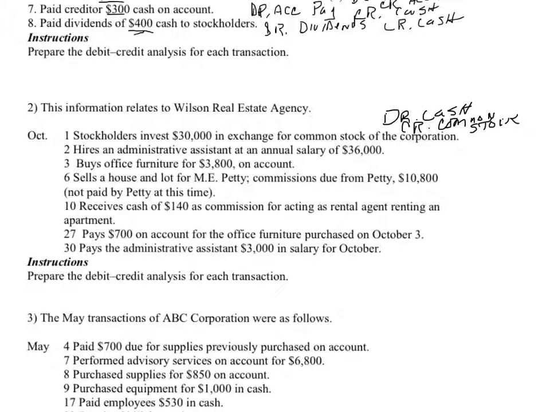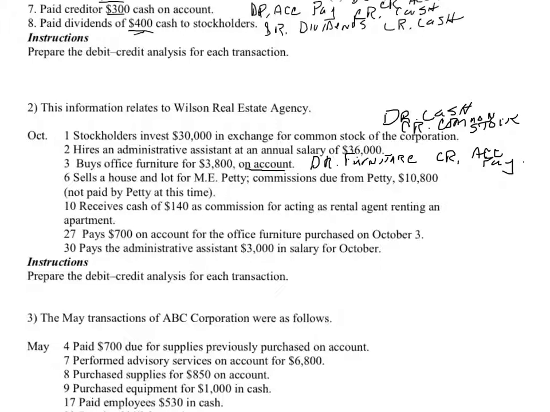I buy office furniture for $3,800 on account. Now this is a transaction. There has been an exchange. And the exchange is such that I debit office furniture, or just say furniture. I have the furniture, and I owe that company, so it's credit accounts payable. Now I'm a real estate company.